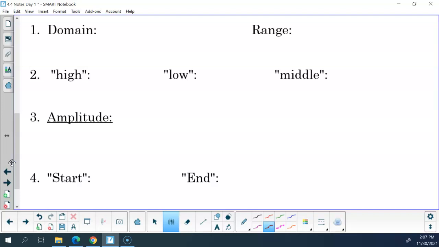So all angles can be put in, so that means that my domain is all real numbers. And that will be for all sine curves, all cosine curves, your domain is always going to be all real numbers. Because there's not a value that you can't put in.